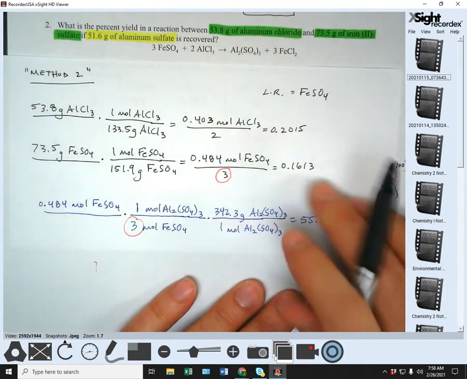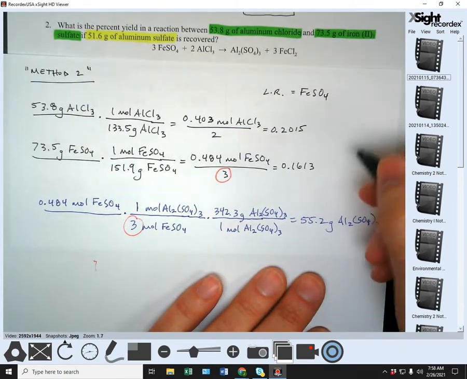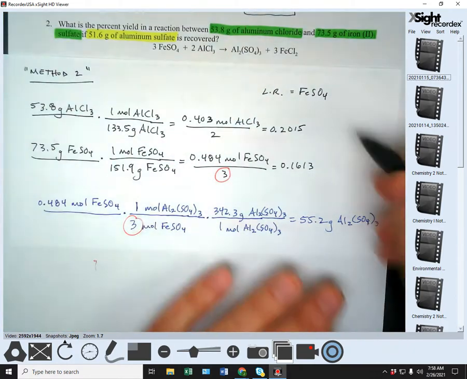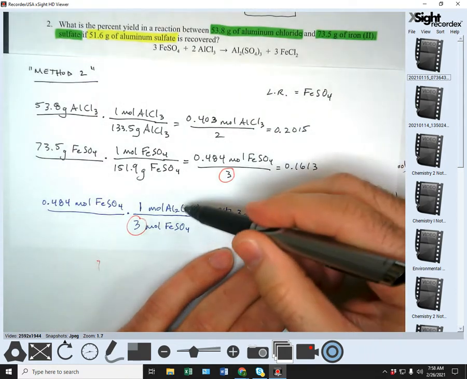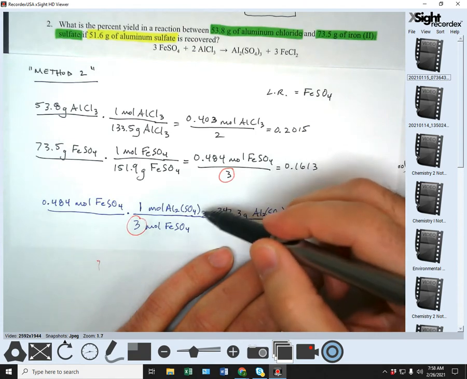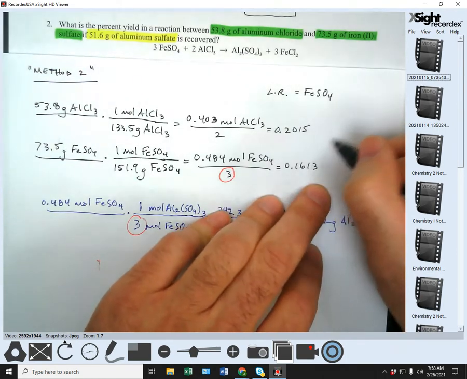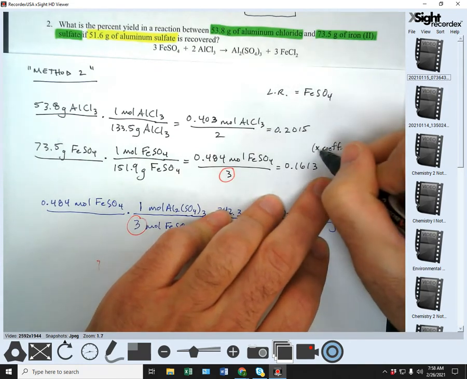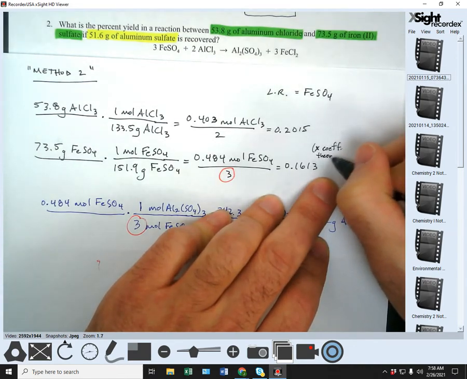So, once you get this number after the number that helped you figure out the limiting reactant, what you are going to do is you're going to take that number times the coefficient for the theoretical. So like what we're trying to put it into.